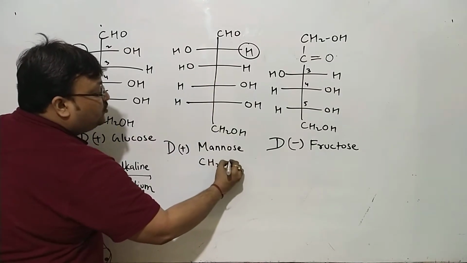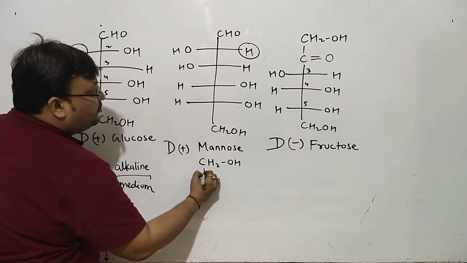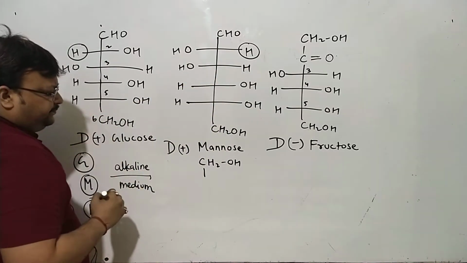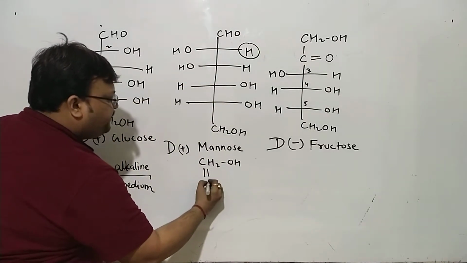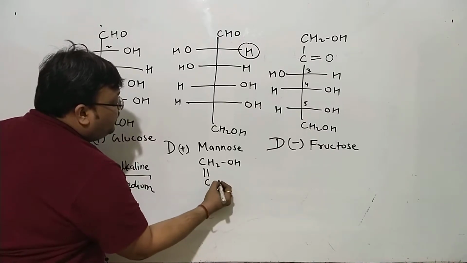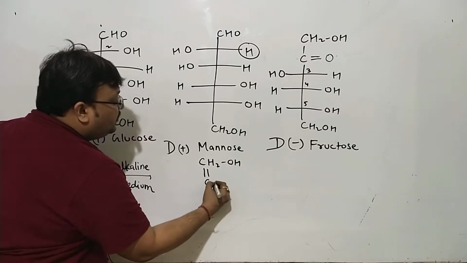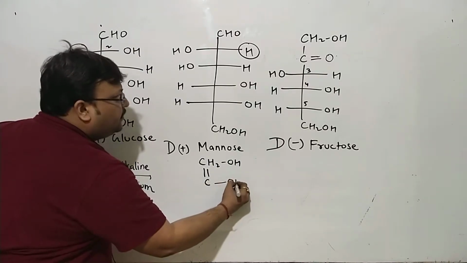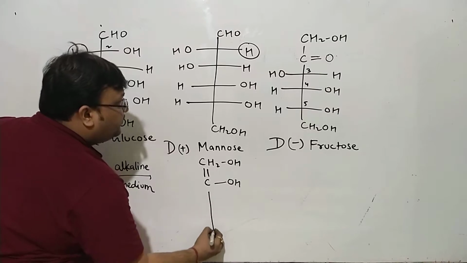CHO will become CH2OH, and naturally this will be a double bond C-OH. Now it doesn't matter whether you put this OH to the left or to the right. The rest of the configurations will remain the same.